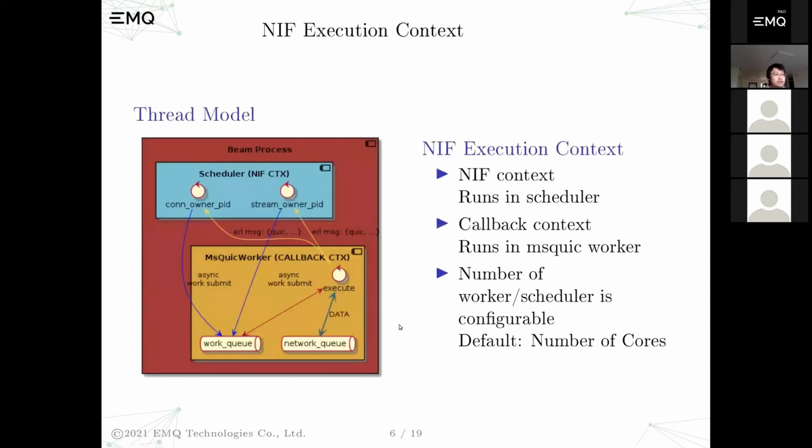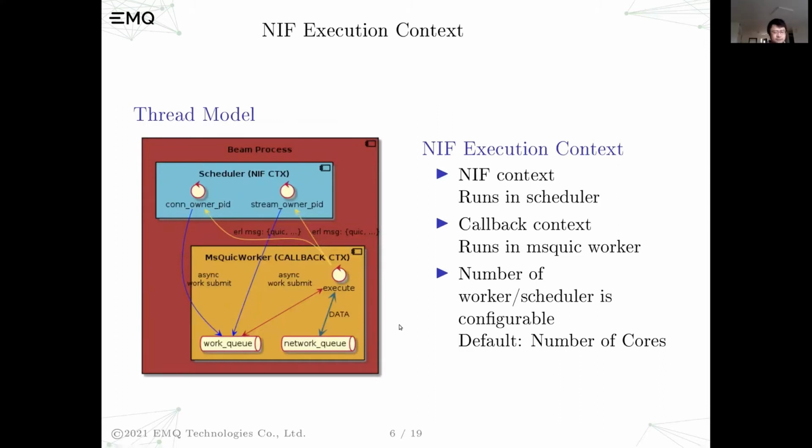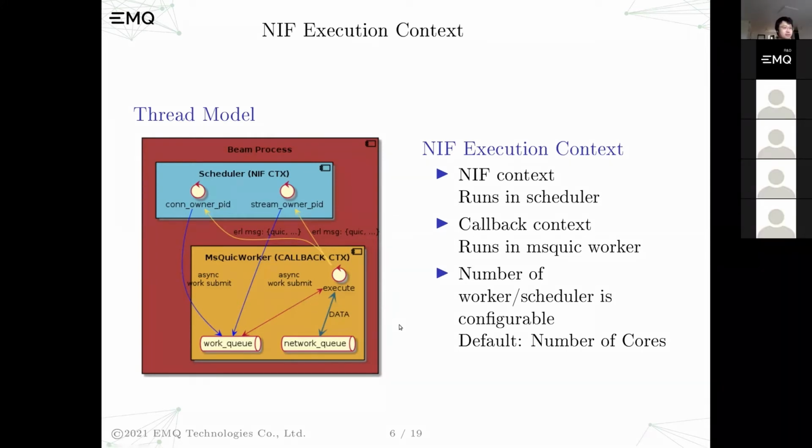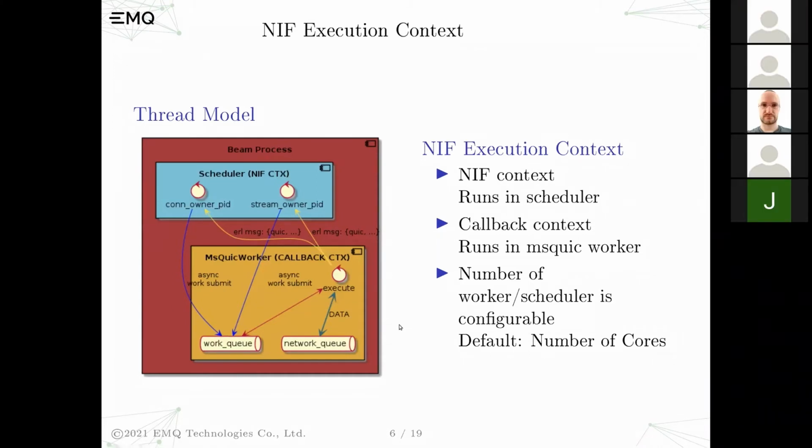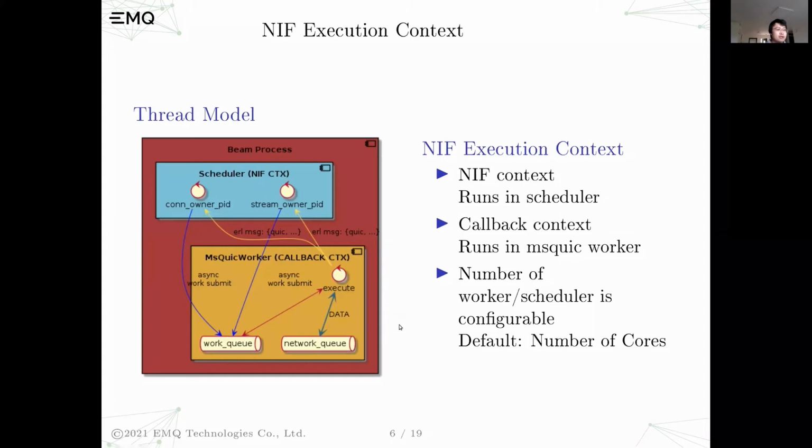So before we go to the API, I think it's worth mentioning the NIF execution context. In this picture, I show you the thread model. There are many threads in Erlang Beam, but what we touch is the scheduler and the MsQuic worker.